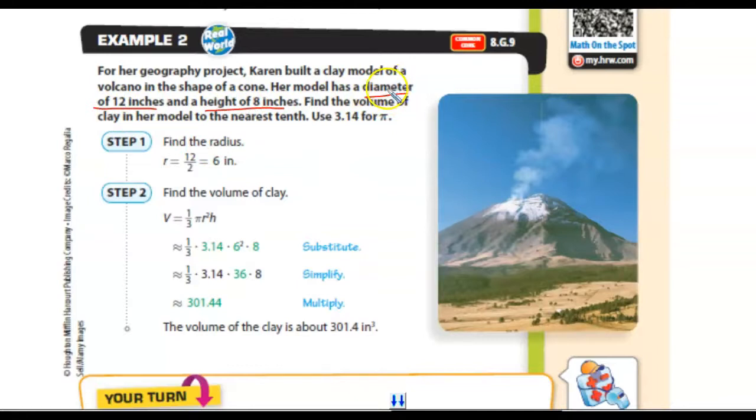So if it has a diameter, my radius is going to be half of that, which is 6. And we know that the height is 8. Plug that into our formula. We have 1/3 of 3.14 times 6 squared times 8, and we get 301 and 44 hundredths. Rounding to the nearest tenth, we get 301 4/10 cubic inches.